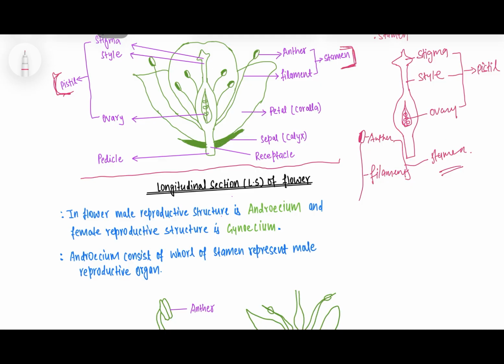Androecium is the male reproductive structure of a flower and gynoecium is the female reproductive structure of a flower. And androecium consists of stamen and it represents the male reproductive organ.